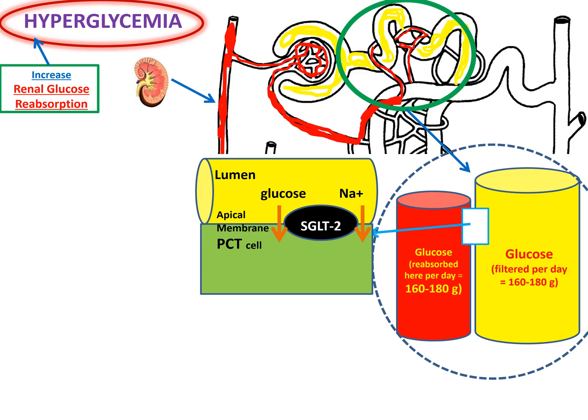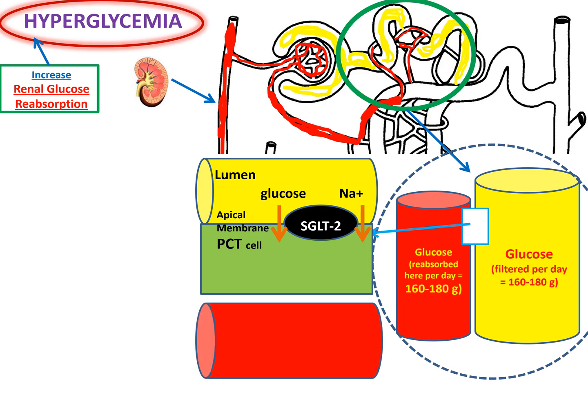Now the glucose which is inside the cells will be transported to the blood vessels through a specific carrier. It is the glucose transporter type 2.